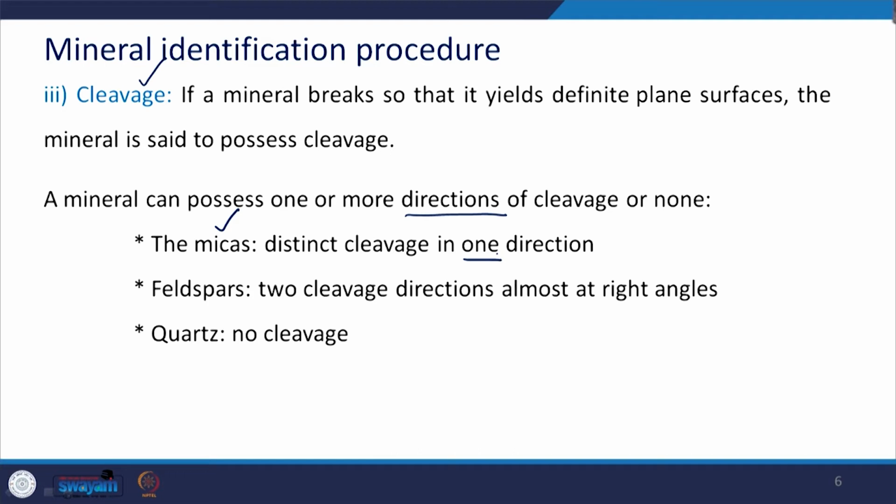Okay. Feldspars, they have two at 90-degree angle. Okay. And in case of quartz, it has none. So, based upon whether they have any cleavage or not, or the number of cleavages that a mineral has, we can identify these minerals on the basis of these numbers.